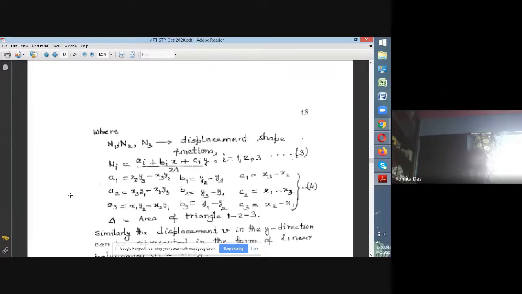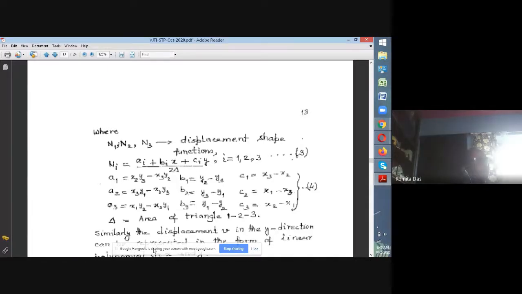I want you to note this point: so far as triangle 1 is concerned, with vertices at 1, 2, and 3, these constants A1 to A3, B1 to B3, C1 to C3 depend only on the coordinates of the three vertices and they are constant.